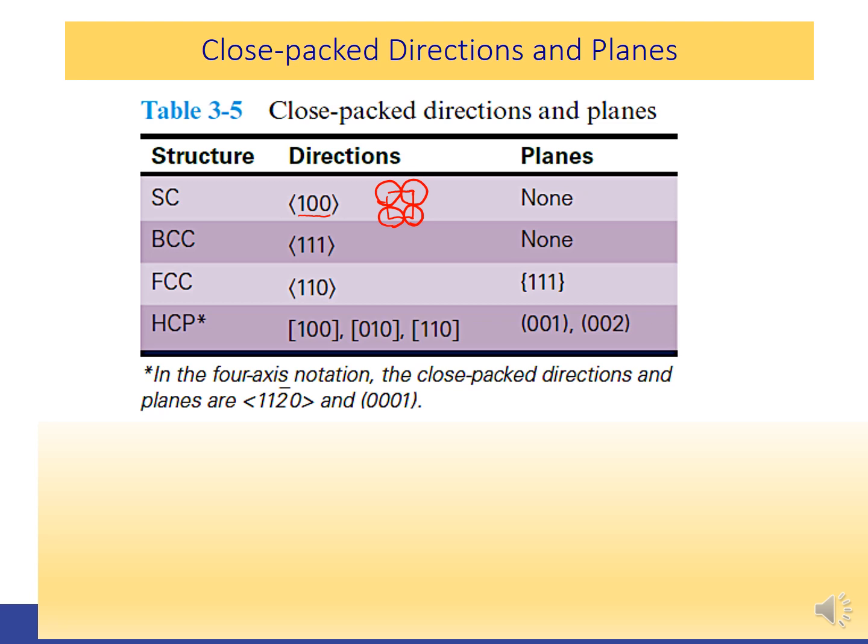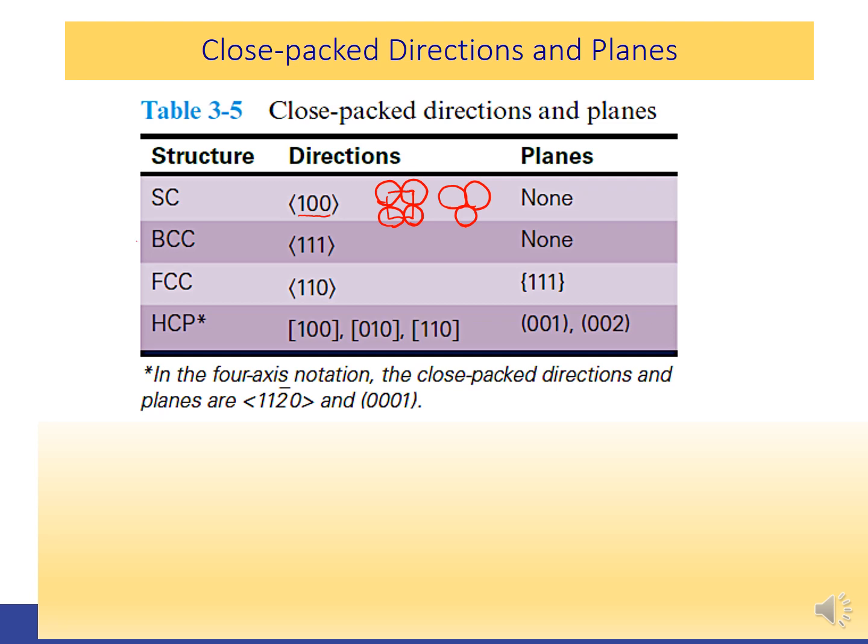Along that direction, the atoms are in touch. So that's the close packed direction. And there are no close packed planes, because for a plane to be close packed, the second row should be placed in the depression of the first row, but for simple cubic it is not. So again, this is the close packed plane, but for simple cubic we don't have a plane that looks like this.